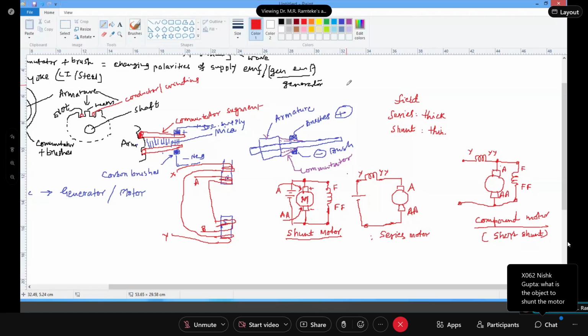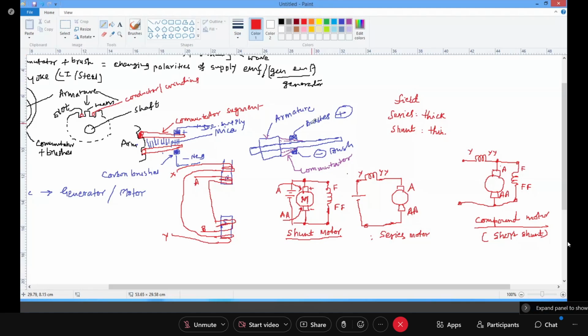What does the question mean? I can connect this shunt field winding here also.